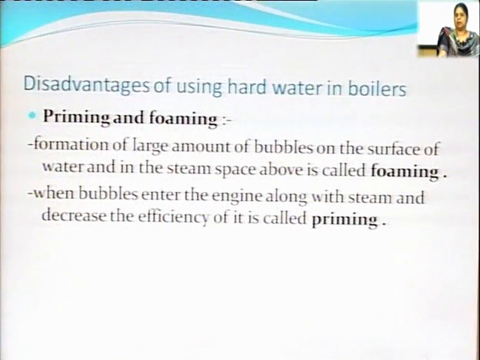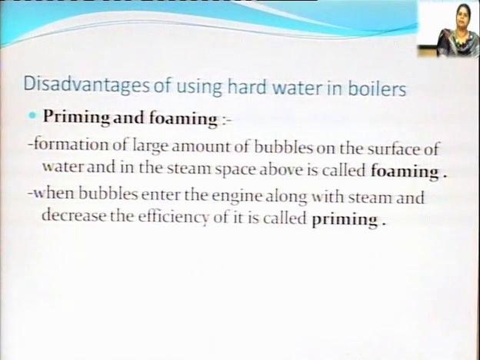Then another disadvantage of using hard water in boilers is priming and foaming. Now, what are these processes? When a large amount of bubbles are formed on the surface of water in the steam space above water, it is called foaming.